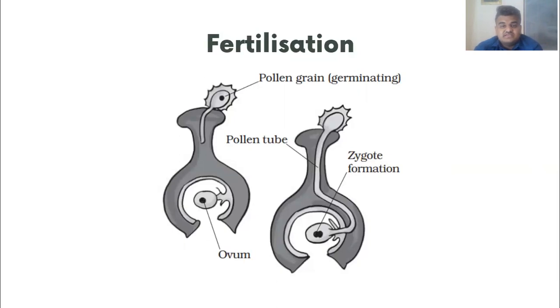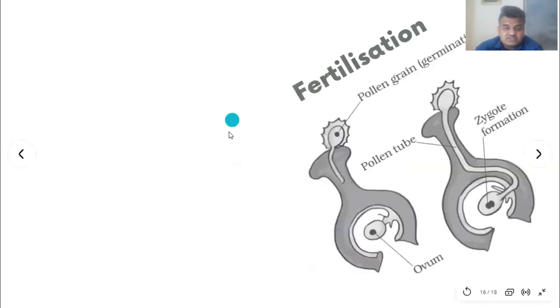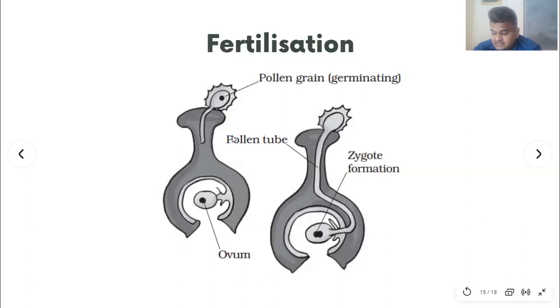Now fertilization. This is the basic understanding for the figure of fertilization, in which you are given this ovum. We already saw that from the ovum, the egg or pistil is getting produced.